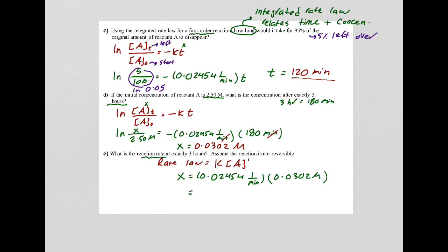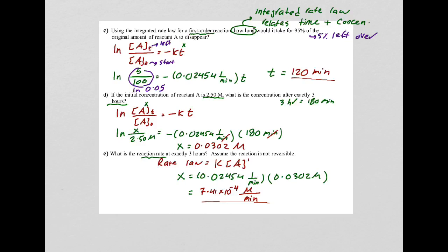So if I do this, what I end up getting for X is 7.41 times 10 to the minus 4. What's the unit? The unit for rate is always molarity over time, and in this case it's minutes. Molarity over time. Don't forget that.